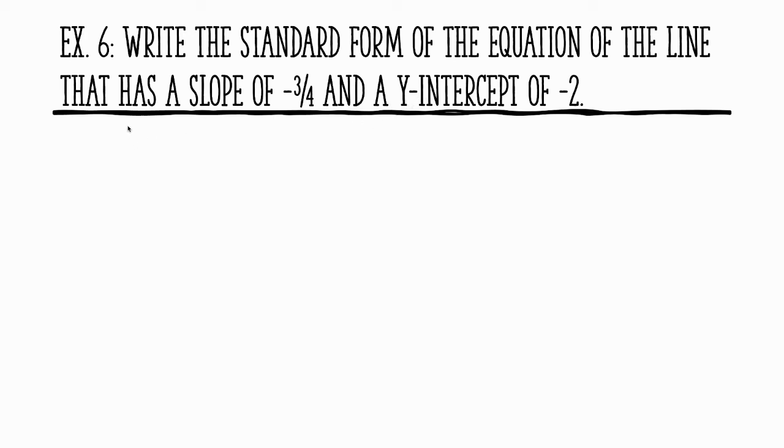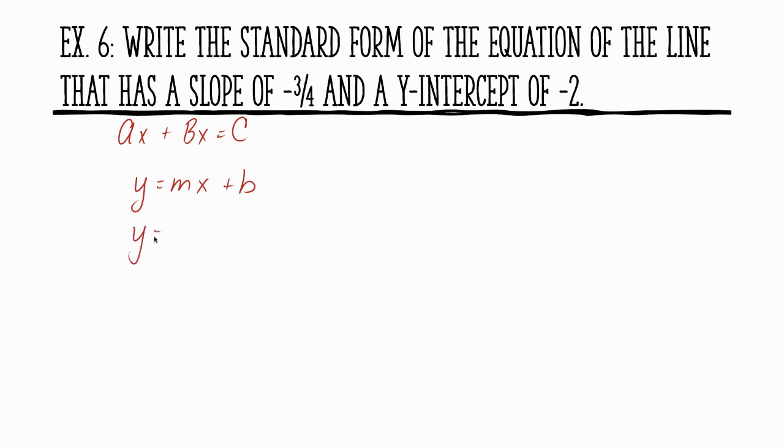So remember, our standard form is ax plus by equals c. Okay, so we're given the slope and we're given the y-intercept. This should jog your memory, and you should remember the slope-intercept form equation, which looks like y equals mx plus b. Okay, so we are going to substitute these values into this y-intercept form equation.